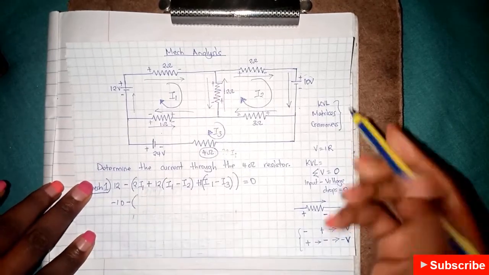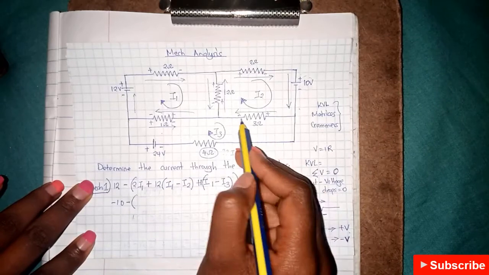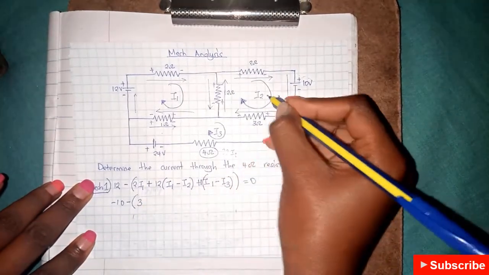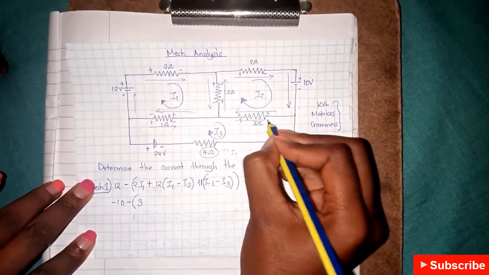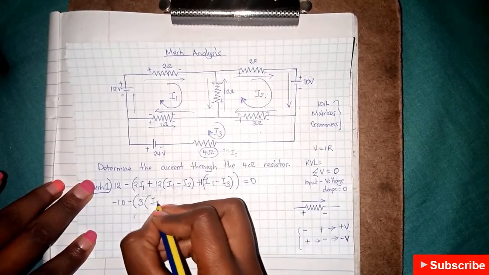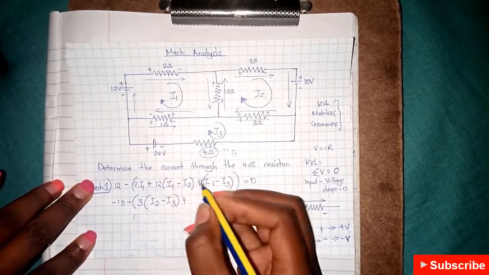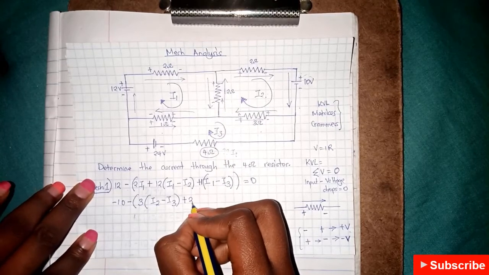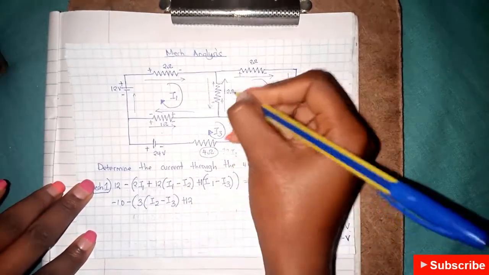Now all this 2, we can start from this, so it will be 3. Again, we're in I2. This is going the opposite direction, meaning this will be 3 into I2 minus I3, plus 12.